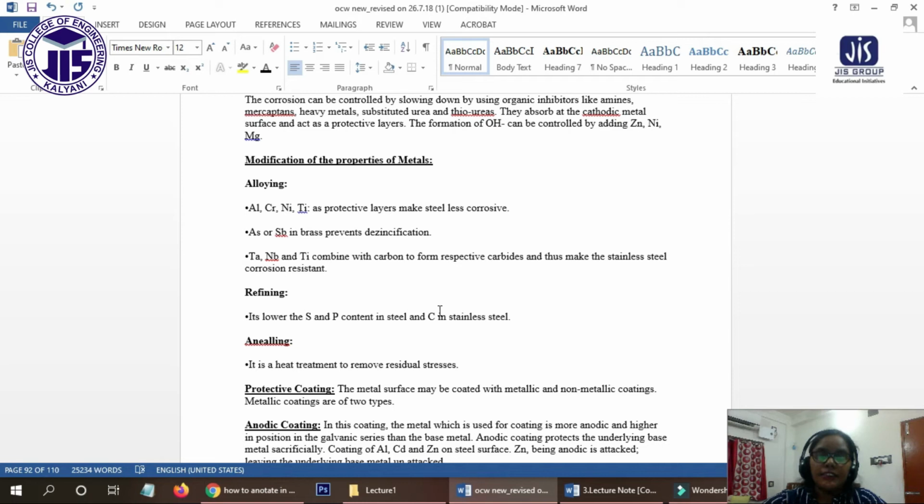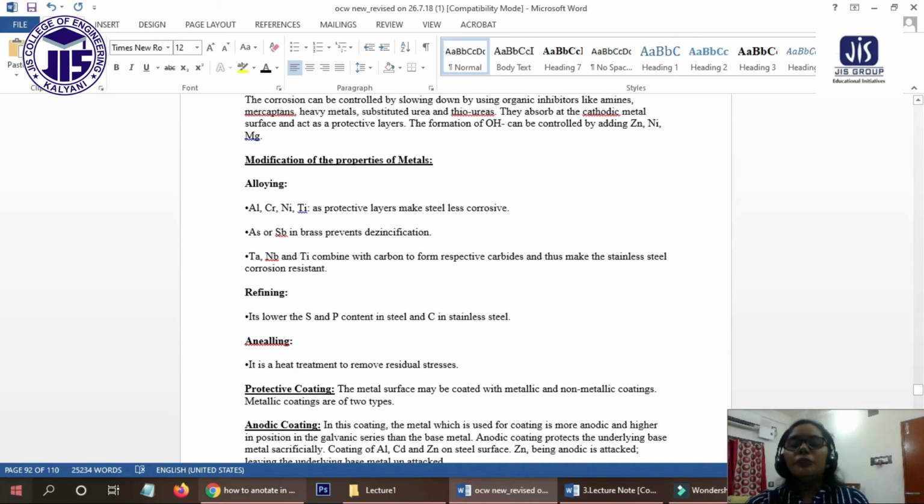Okay, or refining. Refining means, if we know that some components of the metals are generally causing the corrosion, then if we refine, remove those compounds and substitute them with sulfur or phosphorus, what will happen?